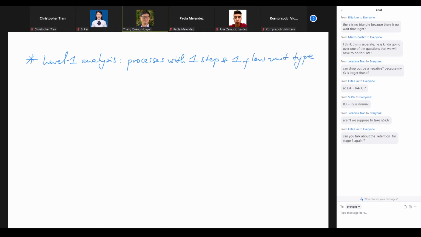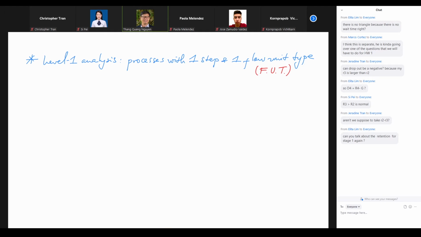To make it shorter later on, we just use an acronym of FUT. So this is a very simple process. We only have one stage, and we only consider one flow unit type. Later on, you're going to work on one example about it.